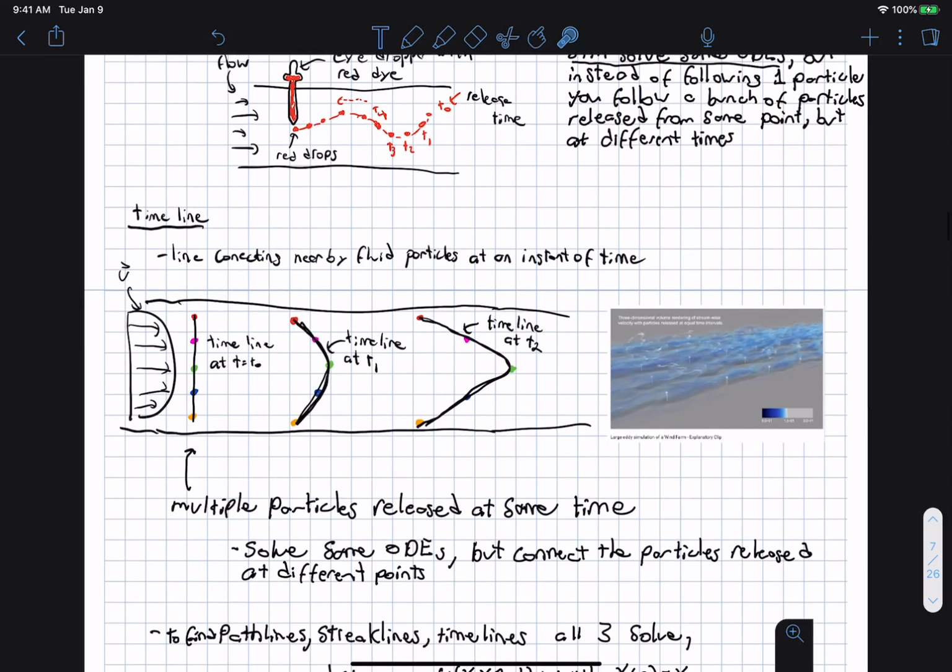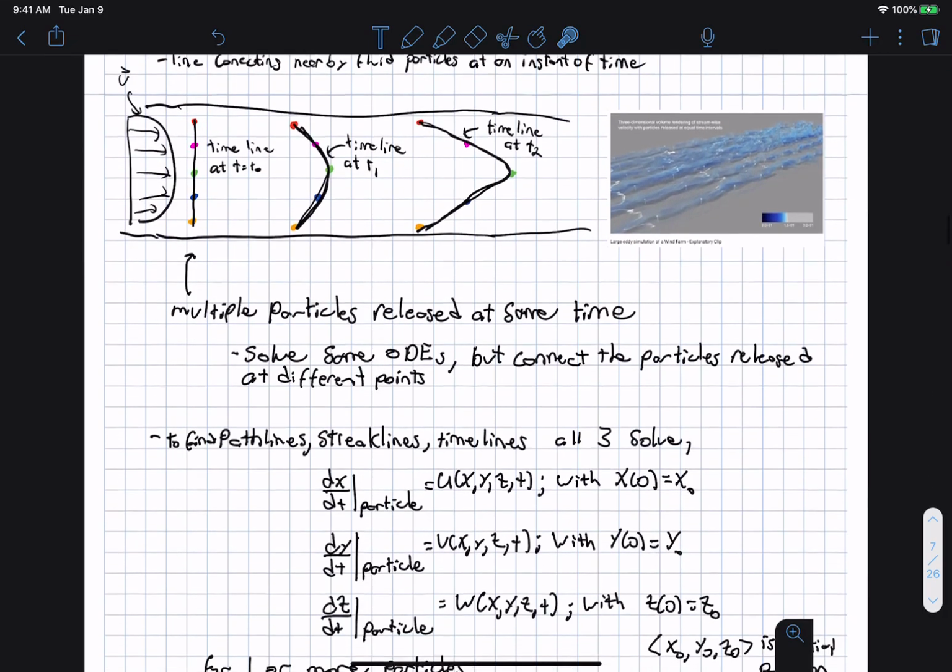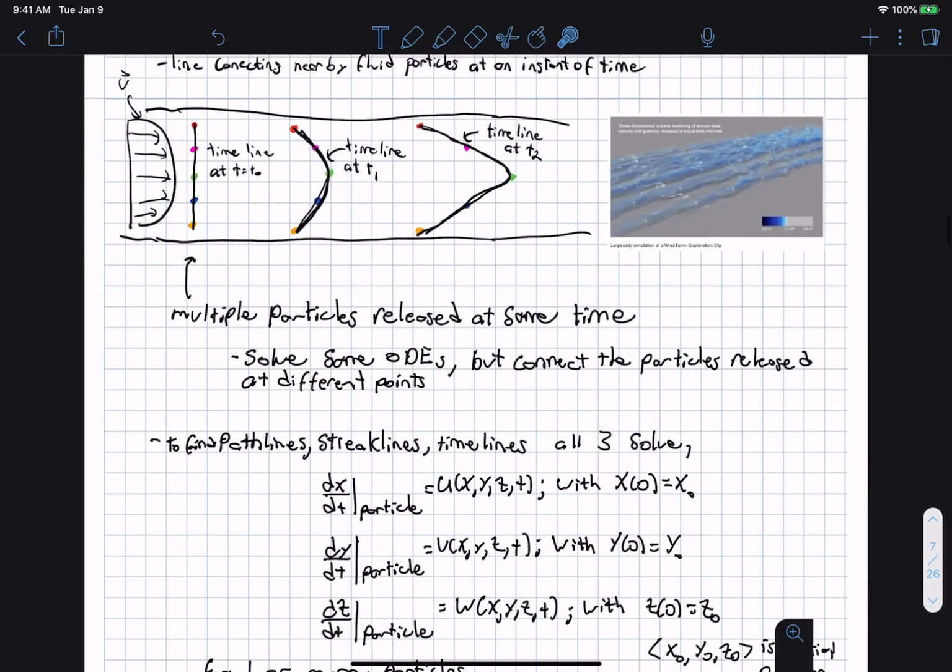Okay, and again, these can all be found by solving the same ordinary differential equations to find the position of a particle as a function of time. But for pathlines and timelines, you have more than one. In general, to find pathlines, streaklines, and timelines, we need to solve the equation of motion for a particle or multiple particles.